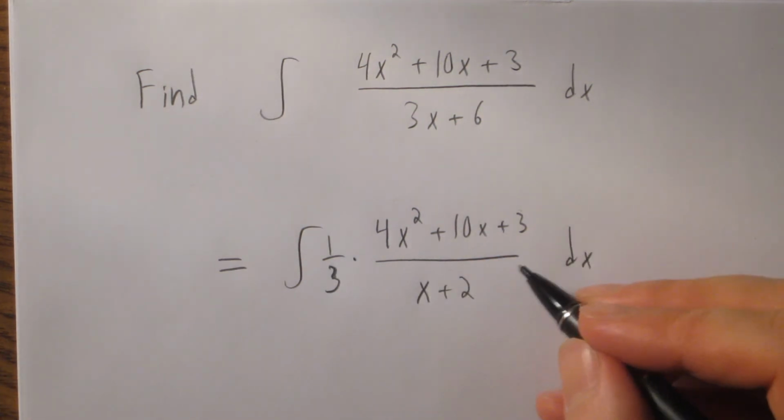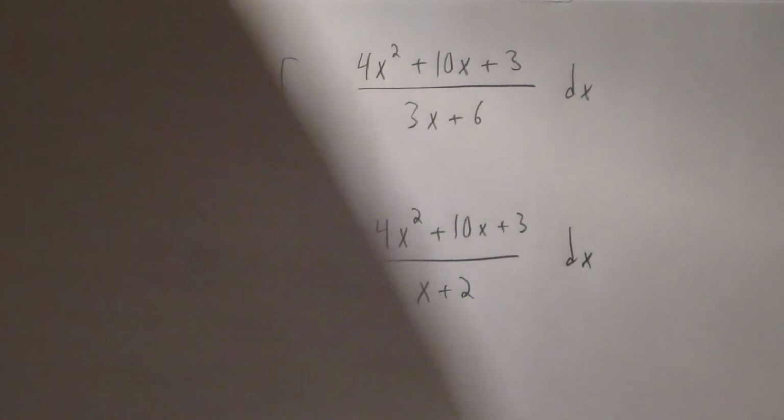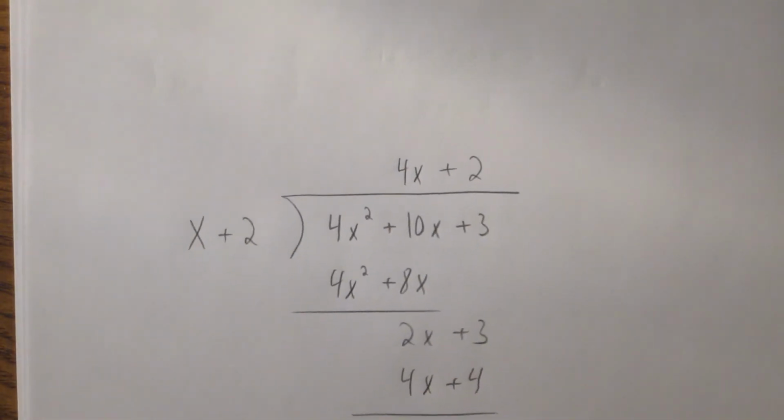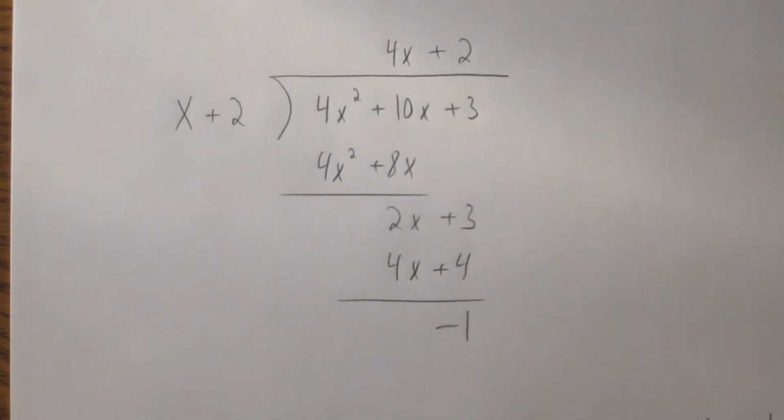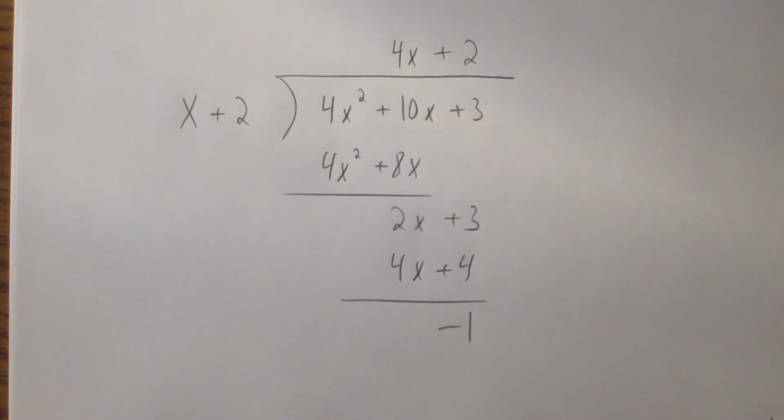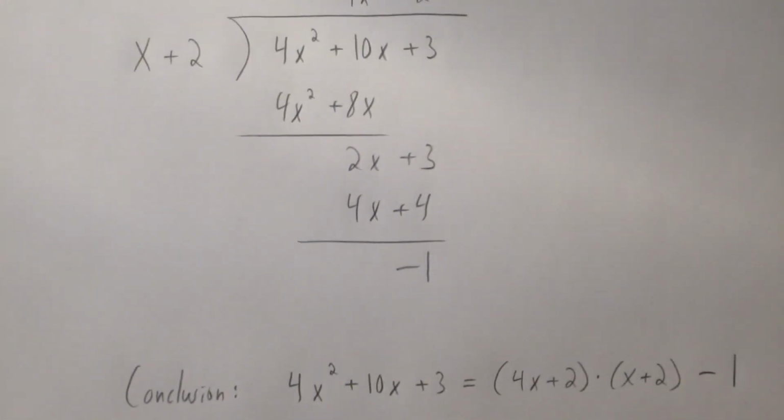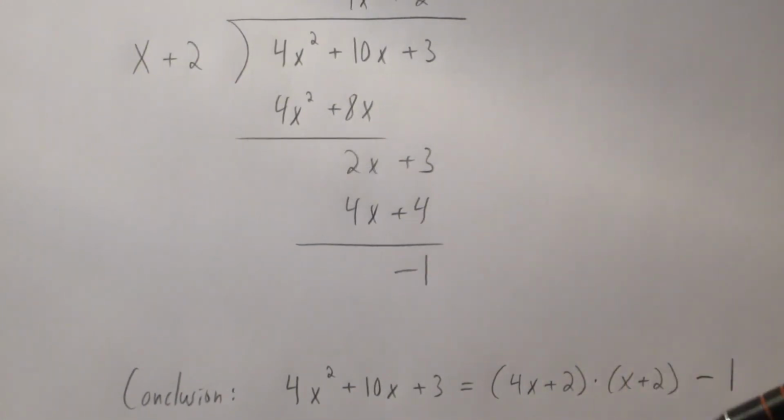Now this division may not go out, but then we will just get the remainder, which is not the end of the world. So we do long division here. It doesn't go out, so the conclusion is that once you've taken out 4x plus 2 copies of x plus 2 from your polynomial, there's a remainder 1 minus 1.